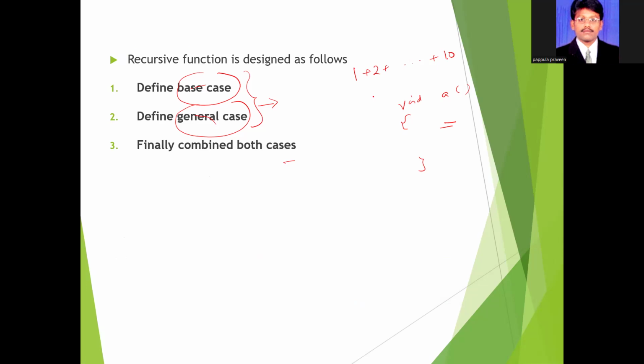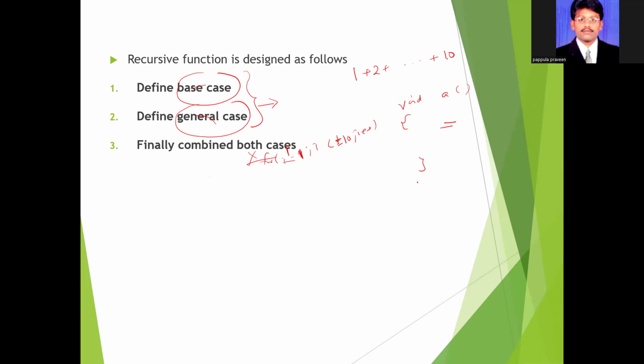In our previous concepts, we implemented this program using a for loop: for i equal to 1, i less than or equal to 10, i plus plus, sum equal to sum plus i. That's all. Here we don't want to use the looping statement. We want to reduce the number of lines and avoid loops by using recursion.